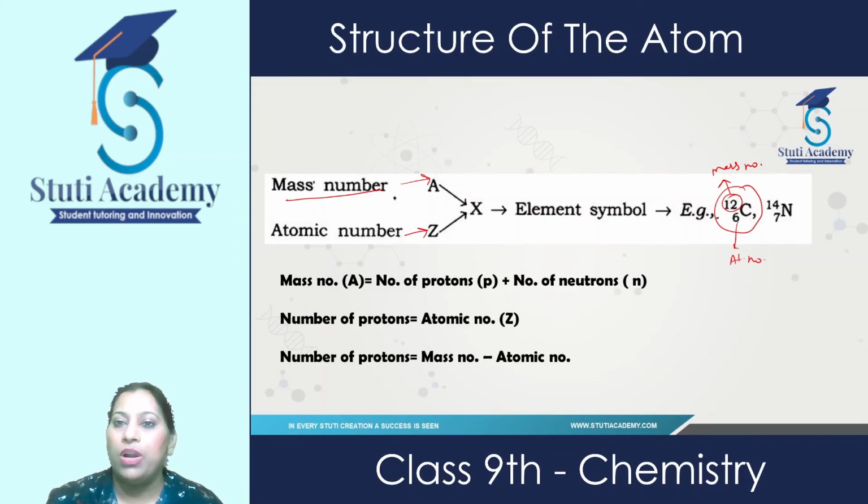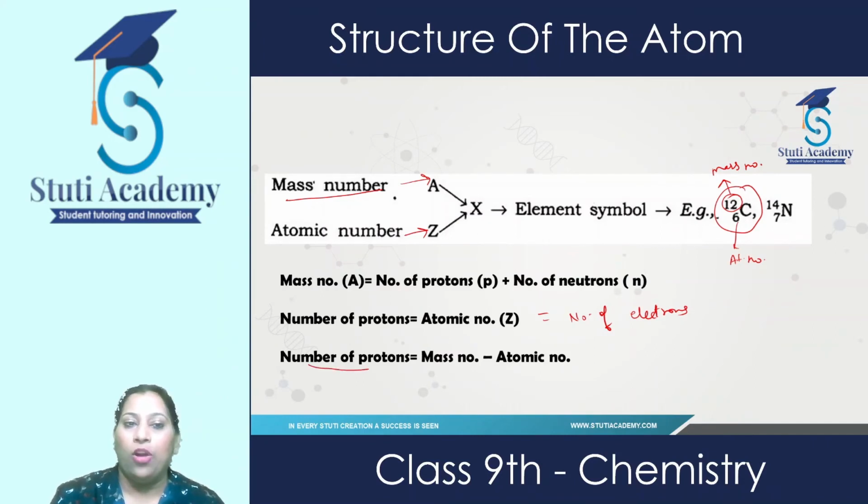Mass number is equal to number of protons plus number of neutrons. When we add number of protons and neutrons, we get its mass number, and number of protons is equal to number of electrons and atomic number.